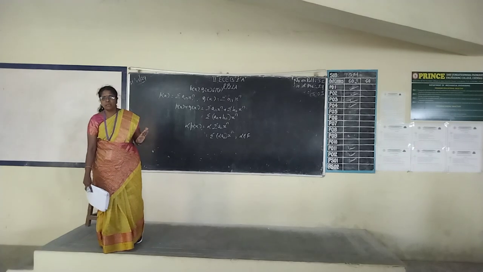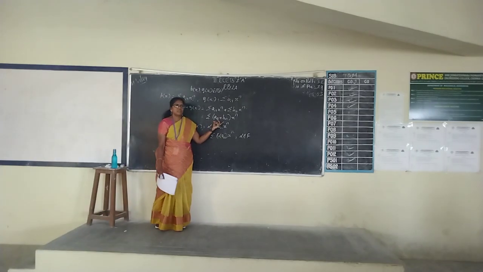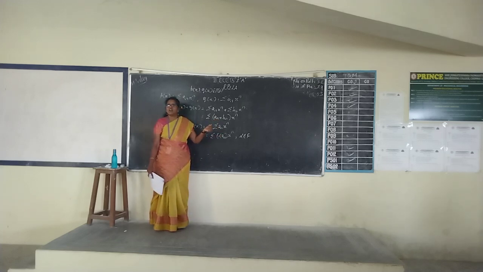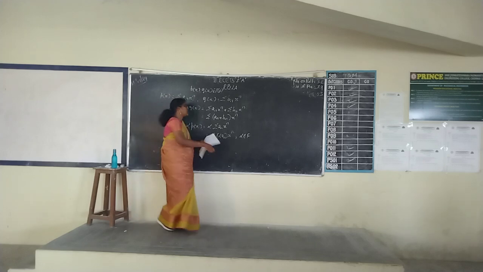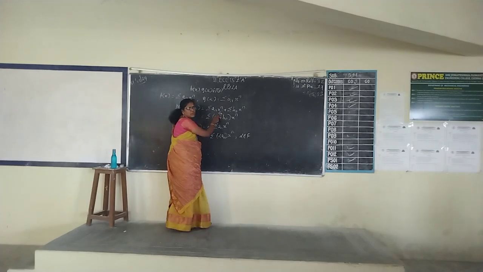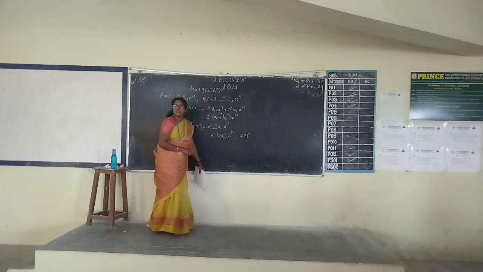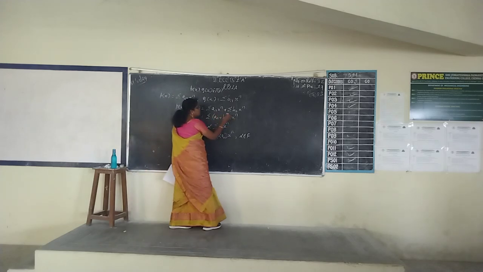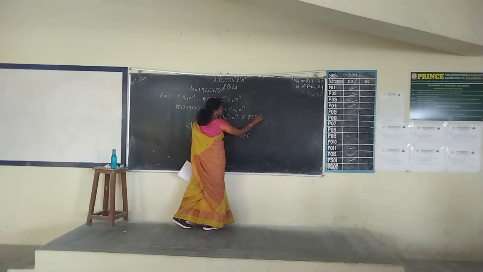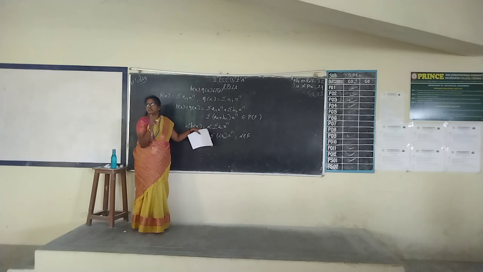The set of all polynomials. Whether this resultant answer is a polynomial or not? Instead of an, you are having an plus bn. When you add an plus bn, it is going to be another constant quantity. If you are confused, you can assume an plus bn equal to cn. So what will be the answer? cn into x power n. Whether it is a polynomial or not? Yes. So this belongs to P of F. Our condition is valid because the resultant answer also belongs to P of F.